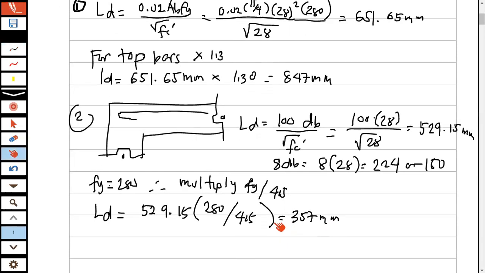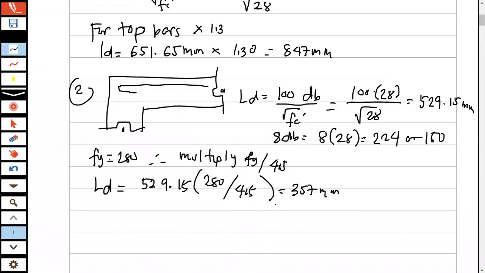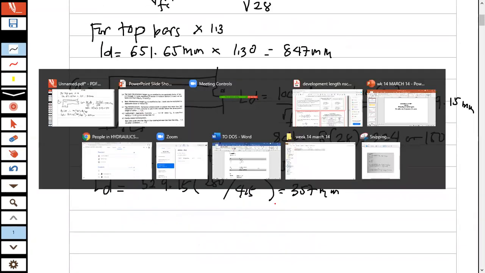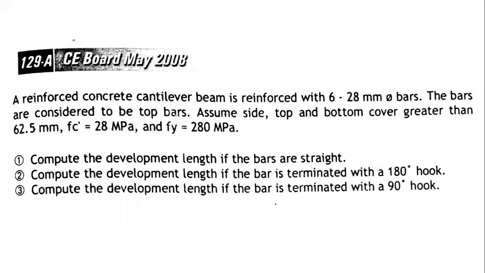Okay. Number 3, the development length if the bar is terminated with 90 degrees hook.